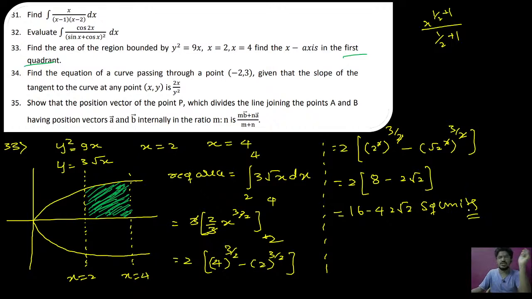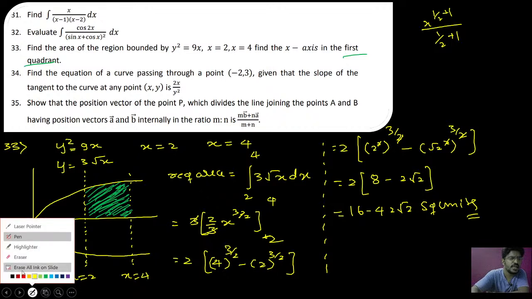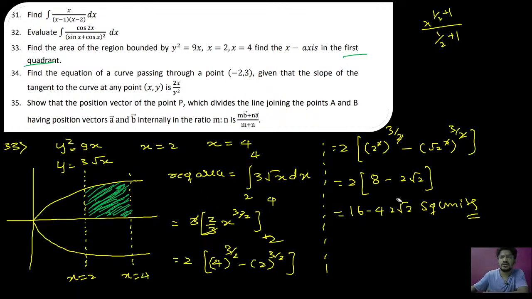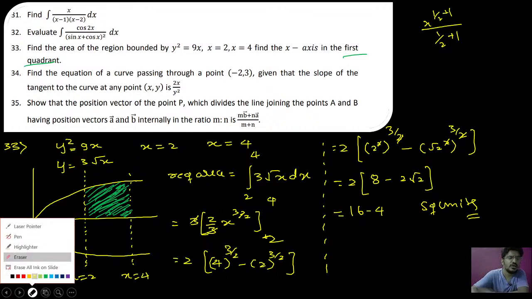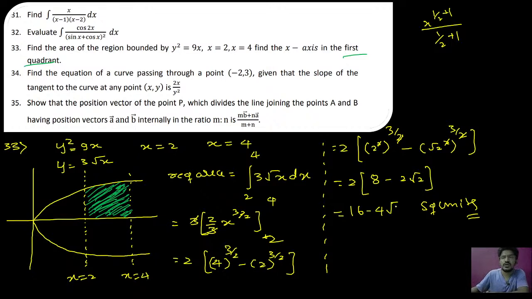It is 16 minus 4 root 2 square units. They have asked only for the first quadrant, so don't multiply by 2 for your required answer. This will be 4 root 2 here.